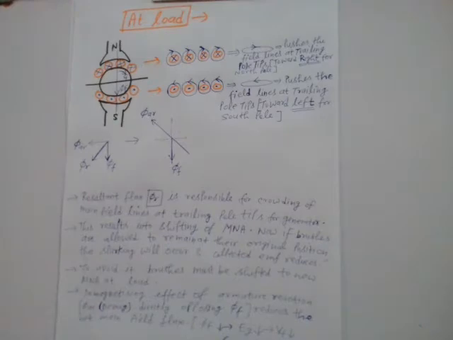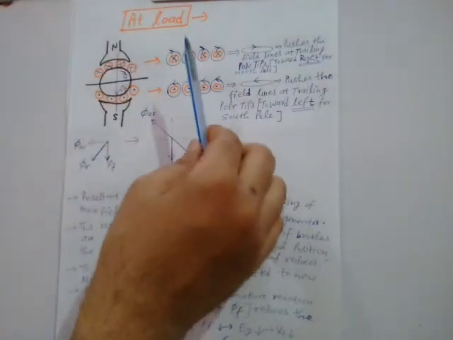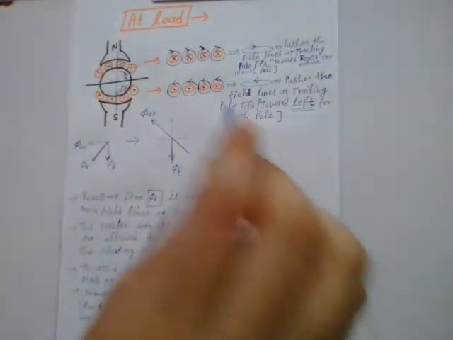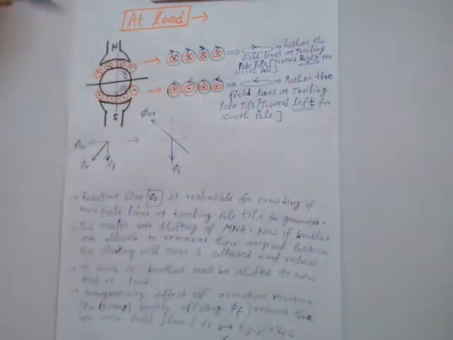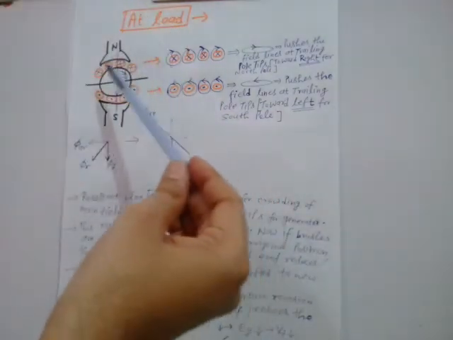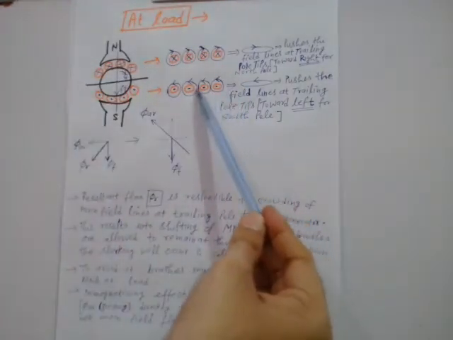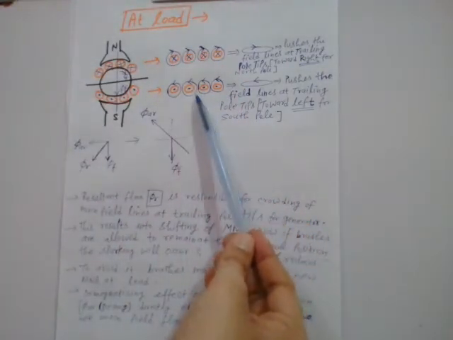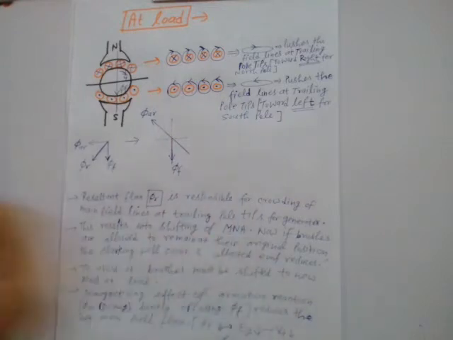So when you rotate it clockwise, it is going away from the reader, that is cross. And when you rotate it anti-clockwise, it is coming towards the reader.